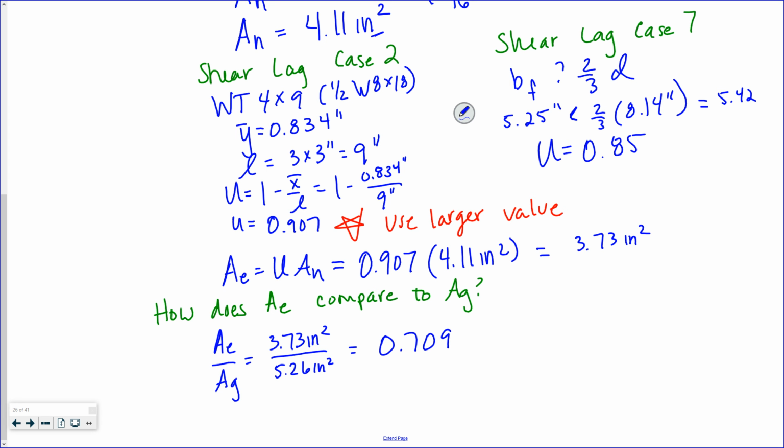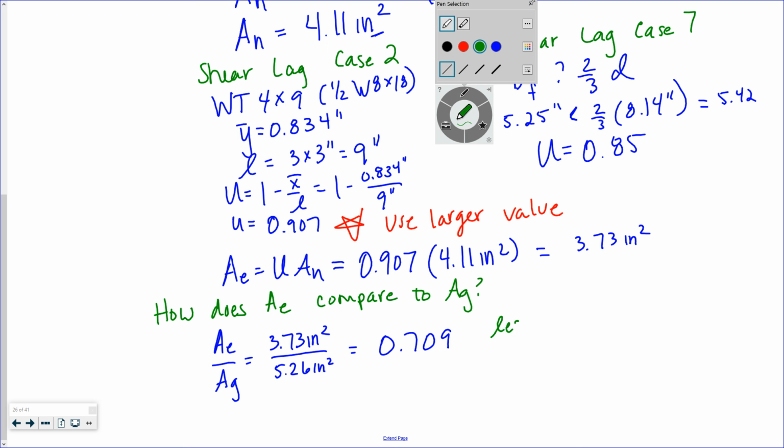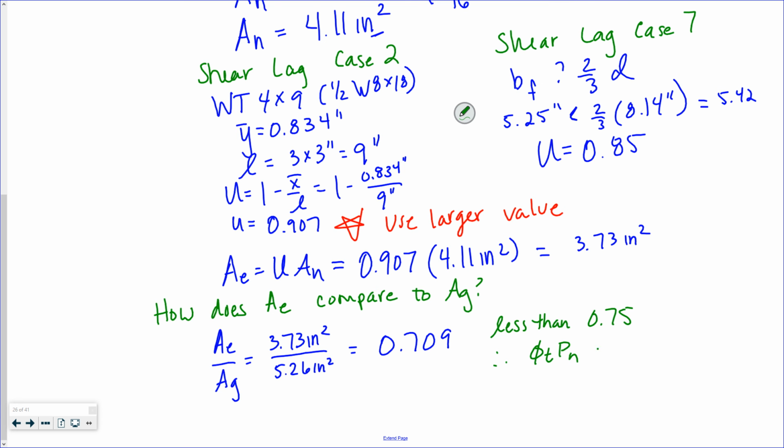That means, therefore, my table assumed that it was going to be 0.75 or greater, and it's 0.709.